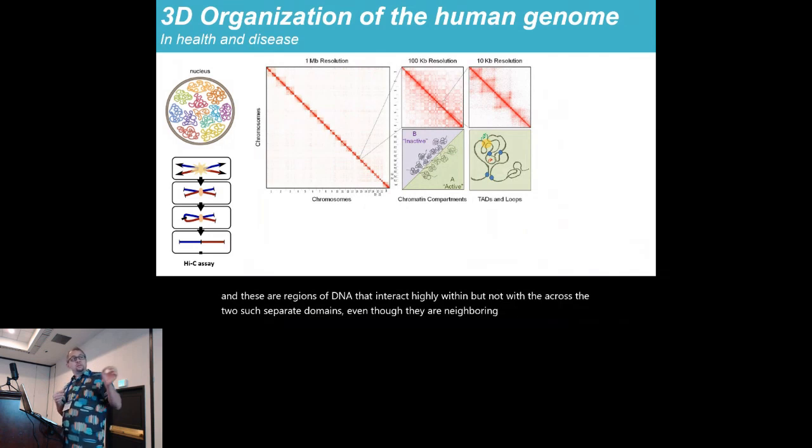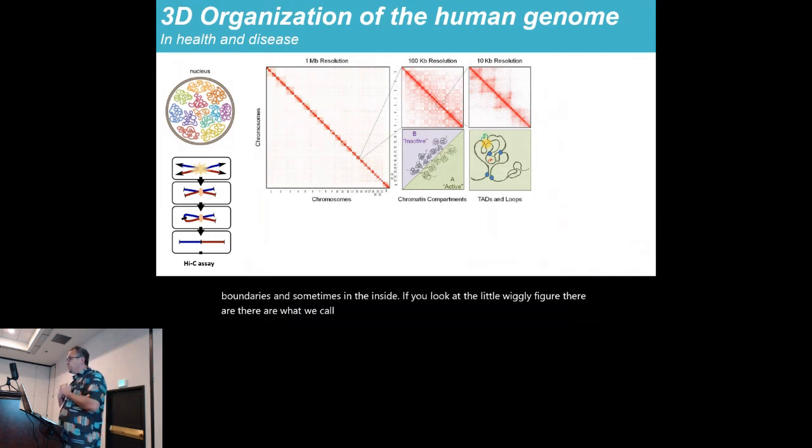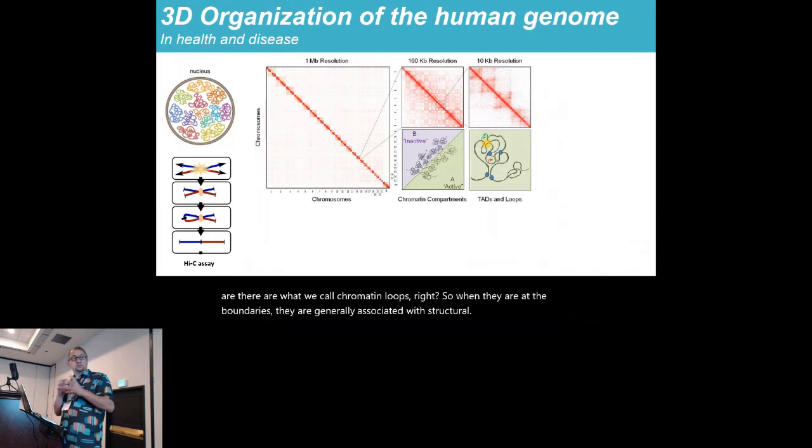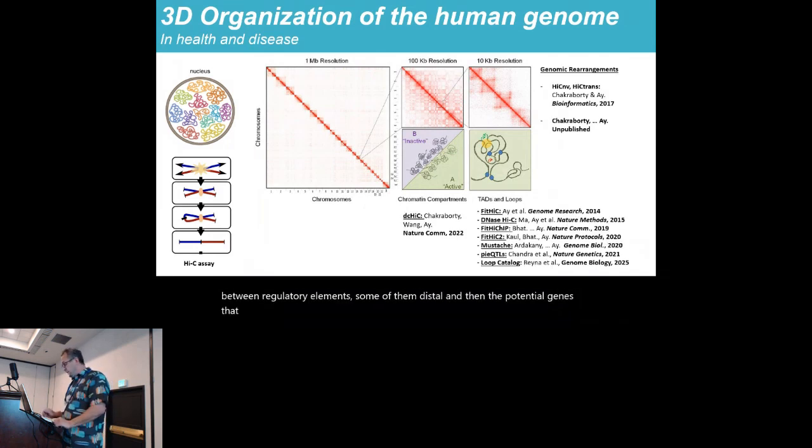At their boundaries, and sometimes inside, if you look at the little wiggly figure, there are what we call chromatin loops. When they're at the boundaries, they're generally associated with structural proteins, and they demarcate the insulation of the domain. Sometimes they are within these domains, and those generally correspond to specific interactions between regulatory elements, some of them distal, and the potential genes that they regulate.